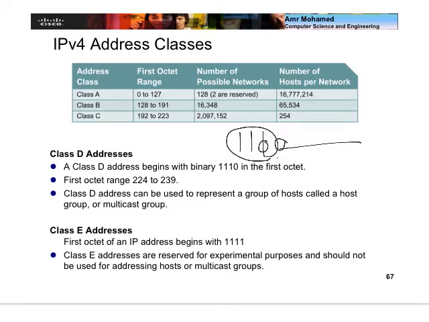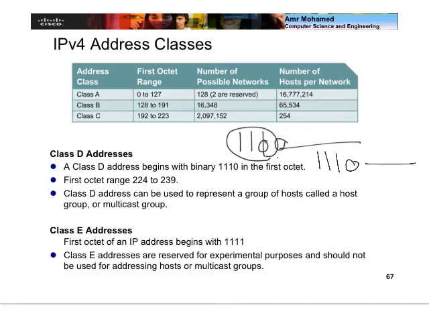So for class D, you have 1110 and then anything else. So you can calculate how many. In class D, there's no network and host part, right? So everything is host.